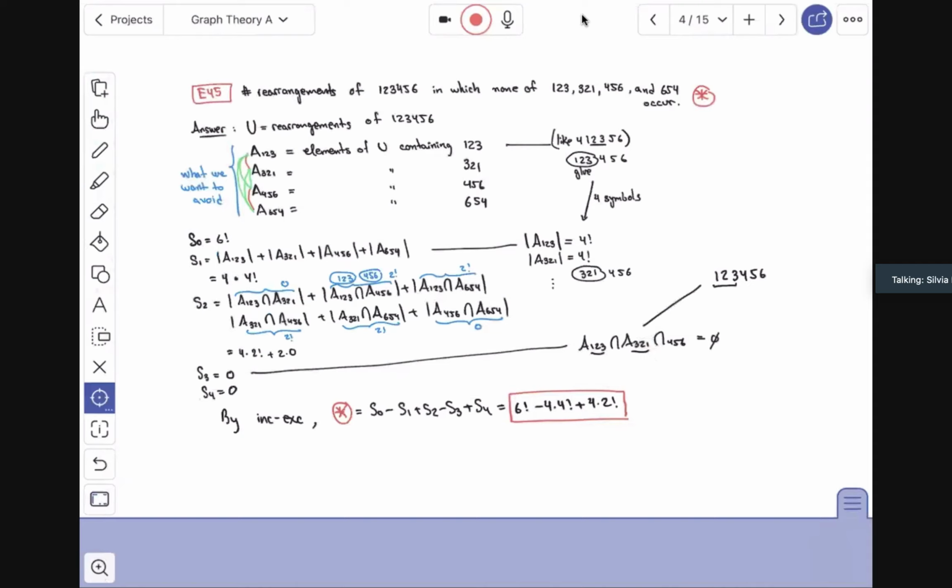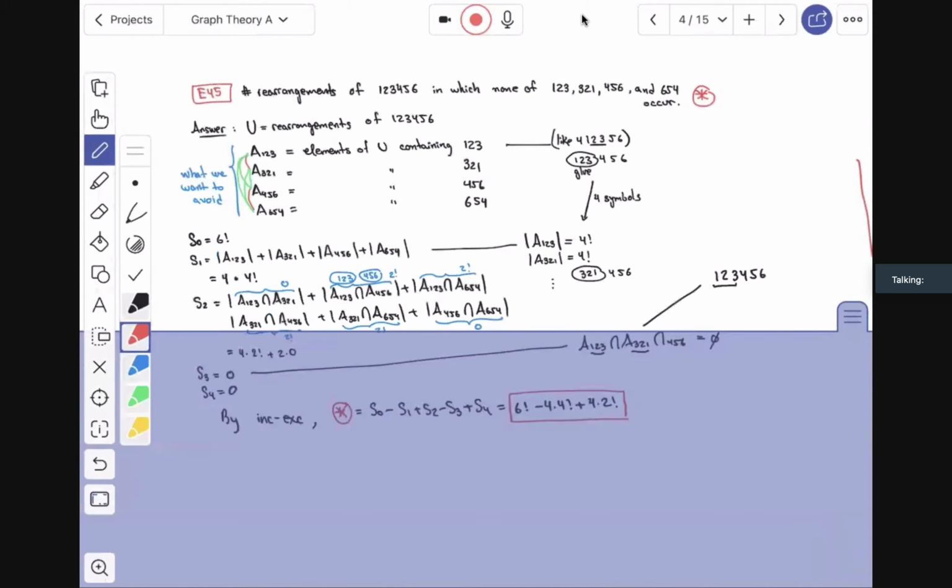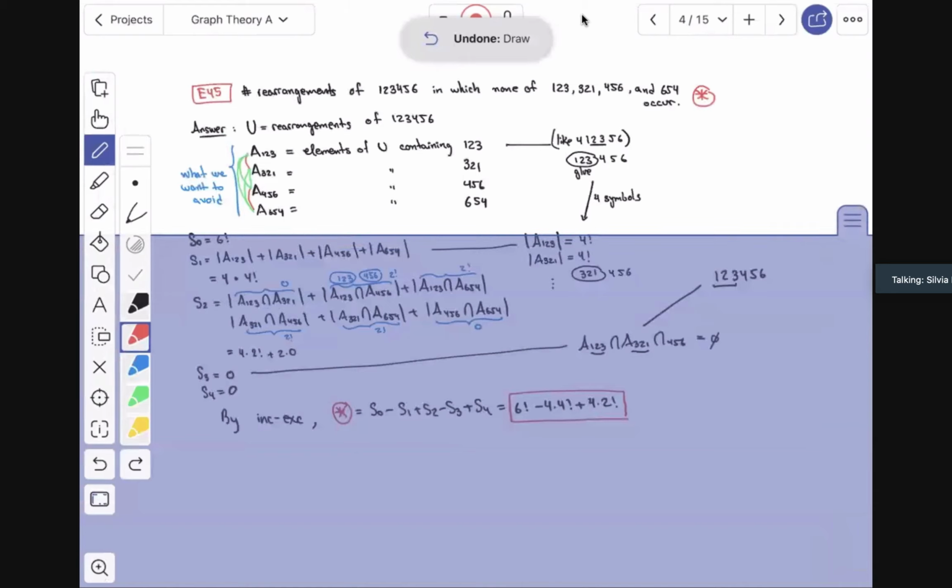So I'll do one more so that you have one example. E45 can be helpful for, I had a list here.